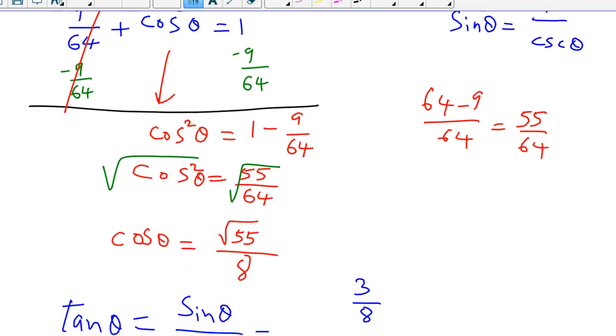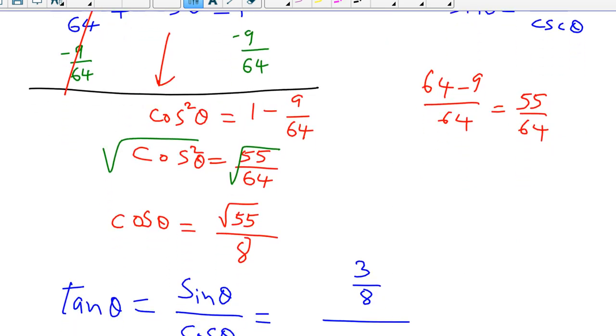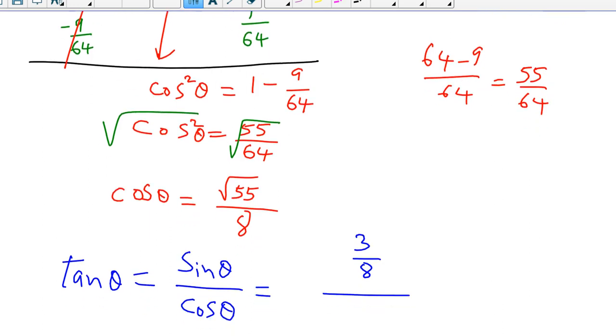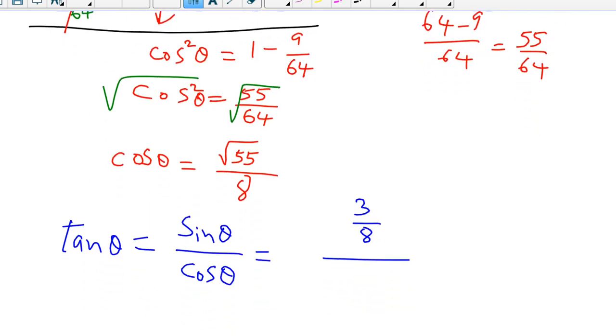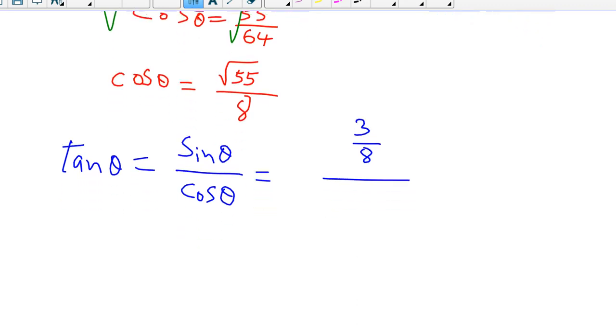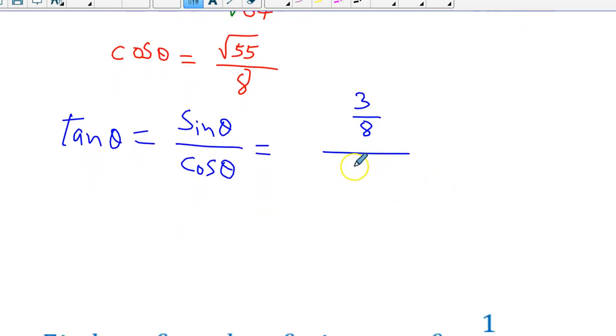Then cosine, square root of 55 over 8. Now both the denominators are the same quantities, so they cancel off, leaving behind 3 over square root of 55.